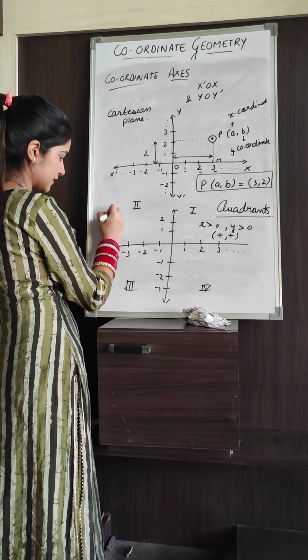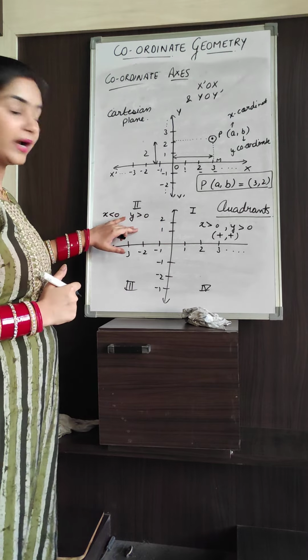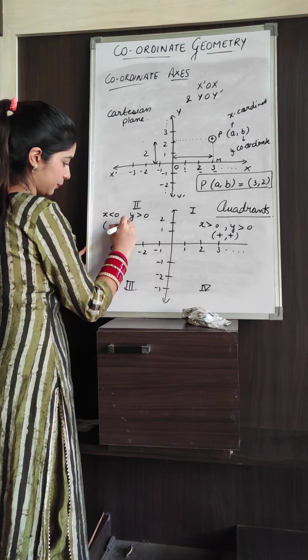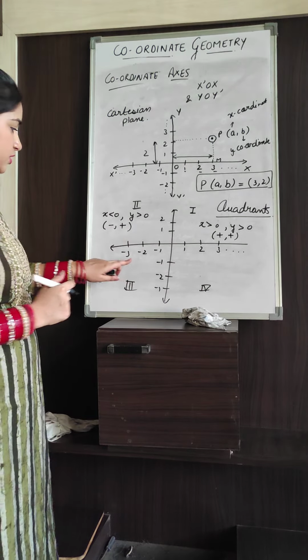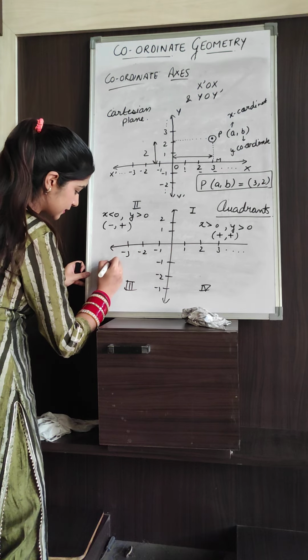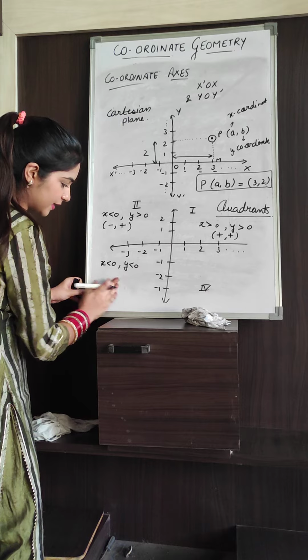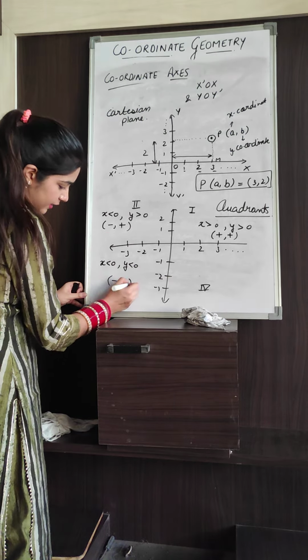Similarly, here x is less than 0 and y is greater than 0, means those points lie whose x coordinate is negative and y coordinate is positive. Here both x is less than 0 and y is also less than 0, means here those points lie whose x as well as y coordinates are negative.